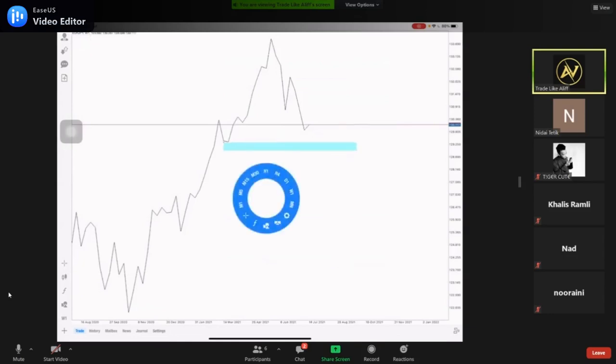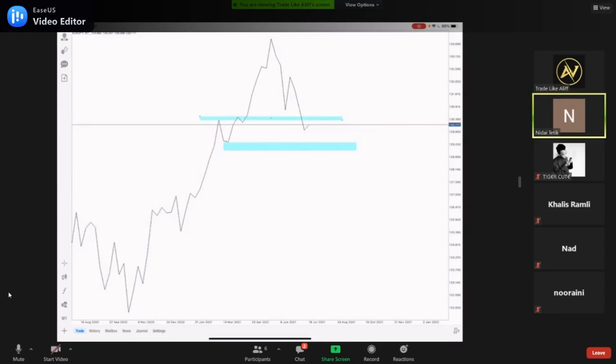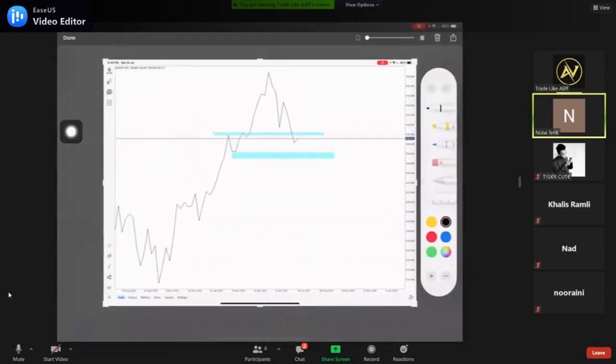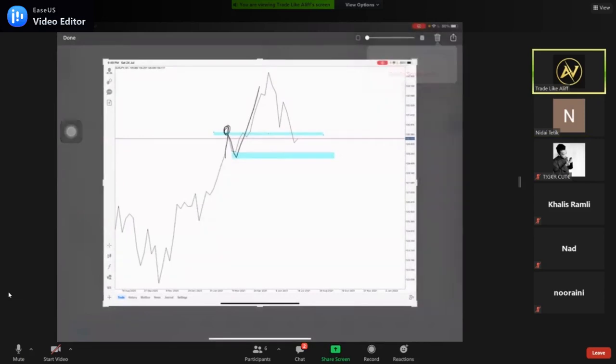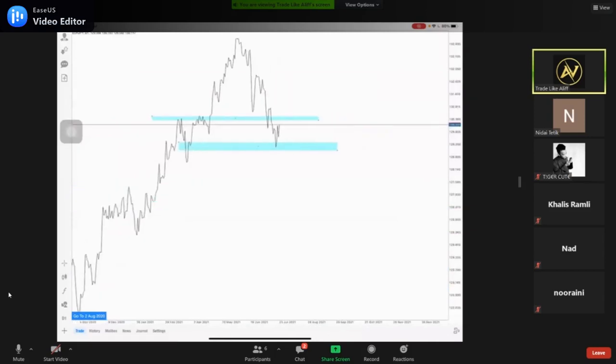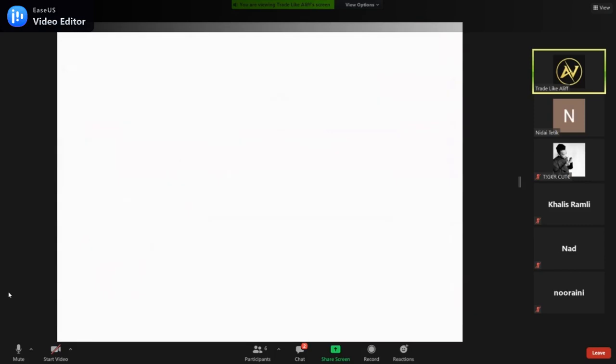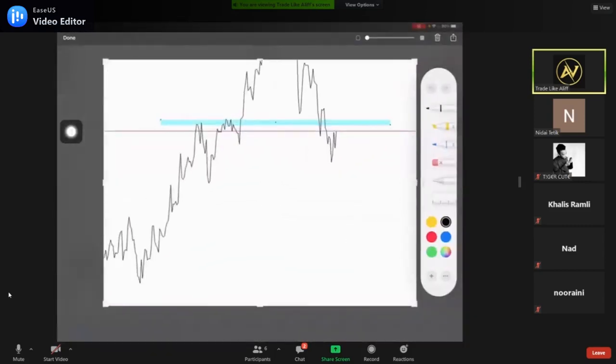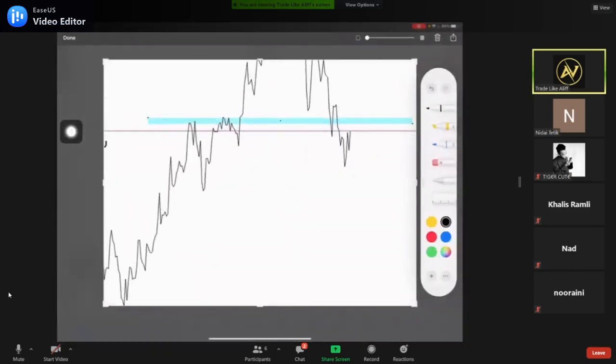And then you can see here, there is a breakout. You want entry? Just go to daily time frame. Mark your big movement, a buy big movement.